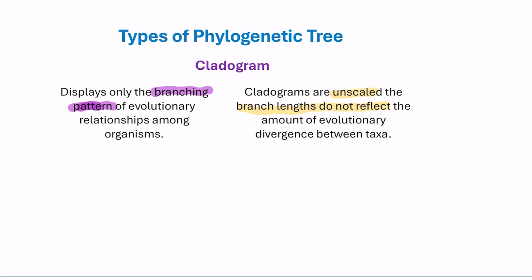The second is that it is unscaled and will not provide any information about the evolution and the divergence of different taxa. So in a cladogram we can only make a phylogenetic tree which shows only the branching pattern.